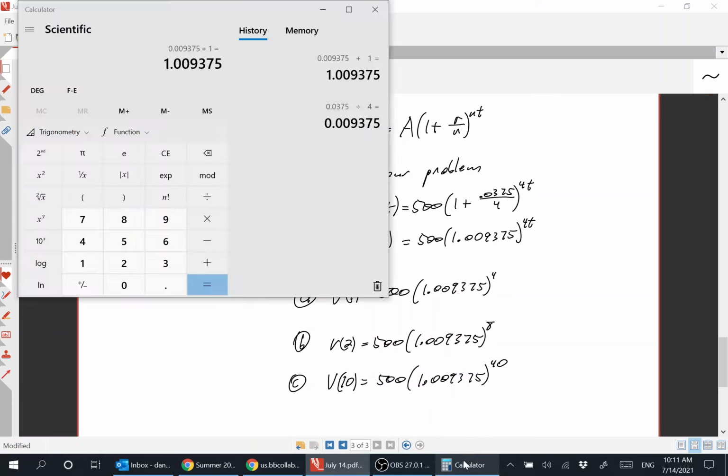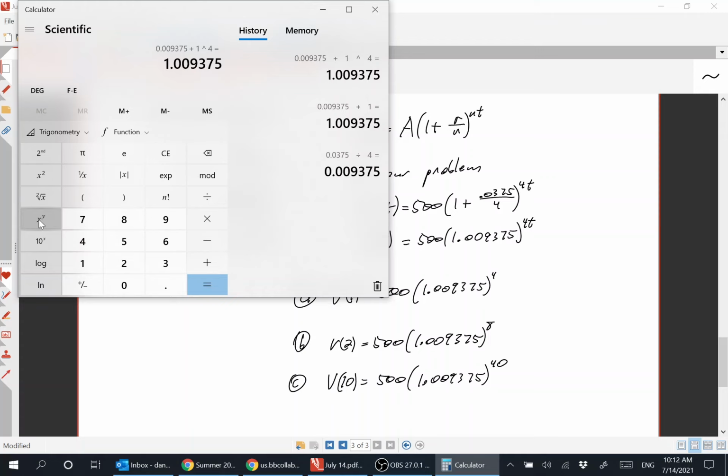So we got this number here. So 1.009375 to the 4th. So the exponent button on your calculator should look like that.